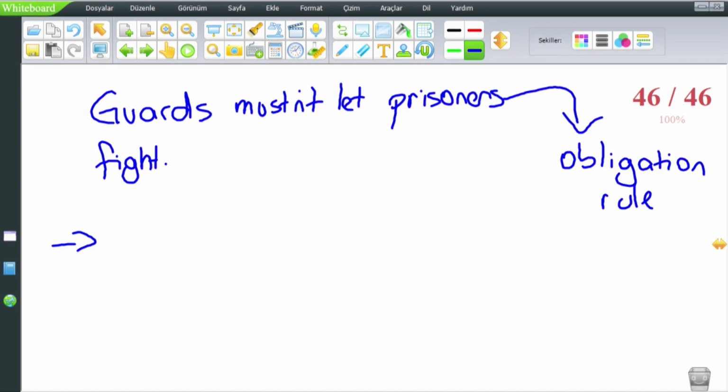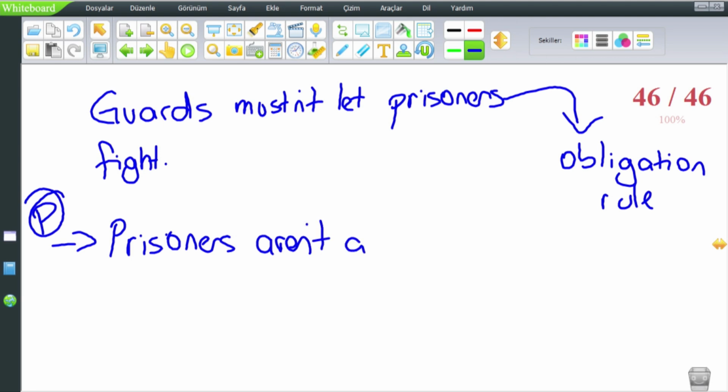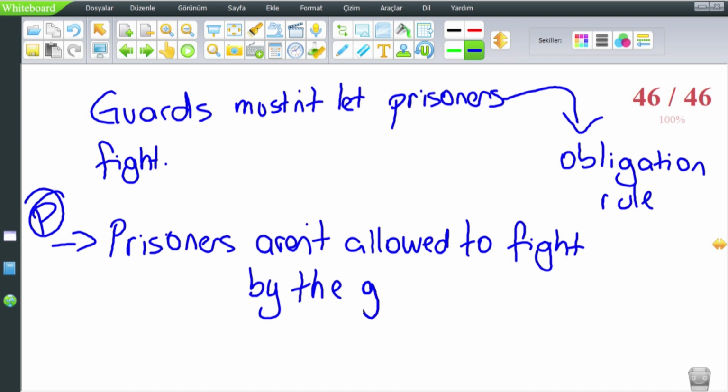And to give that meaning in the passive voice, I can say prisoners aren't allowed to fight by the guards.